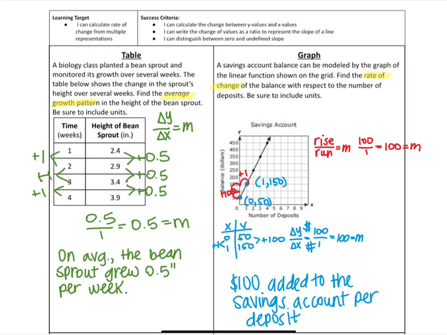Okay, or $100 more in the savings account per deposit. So each deposit, there's going to be an increase of $100.